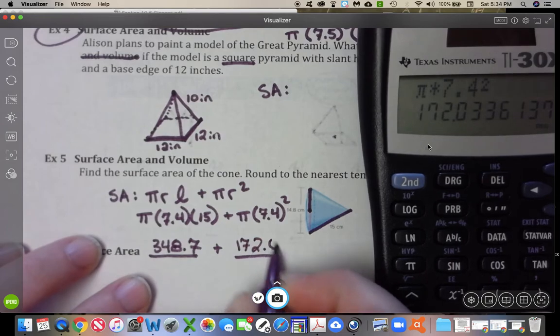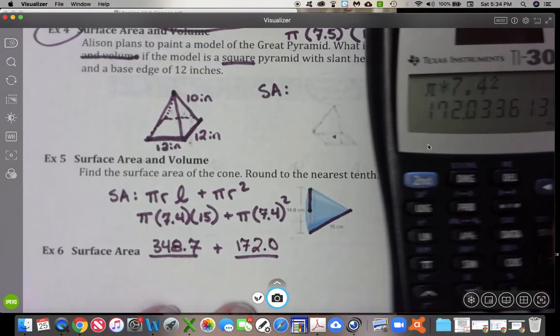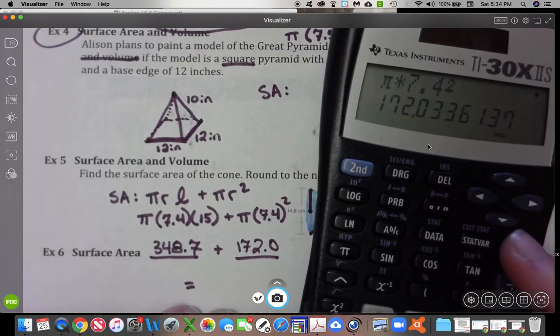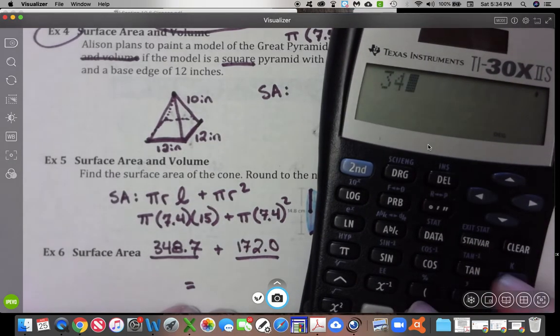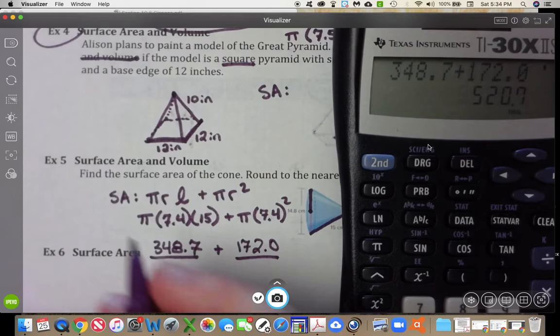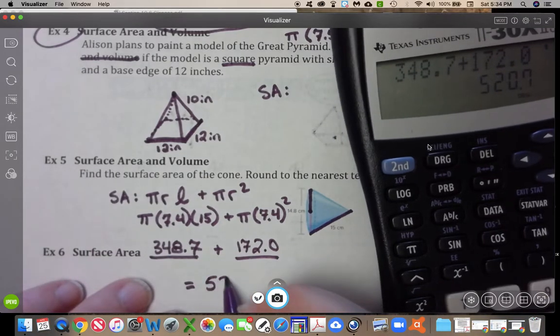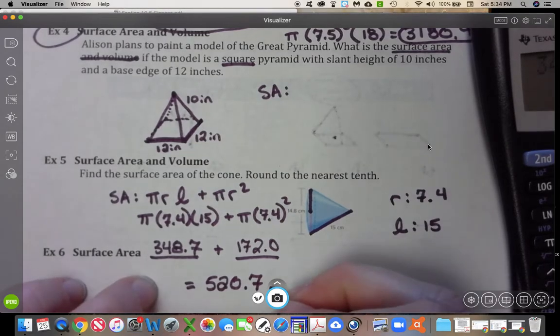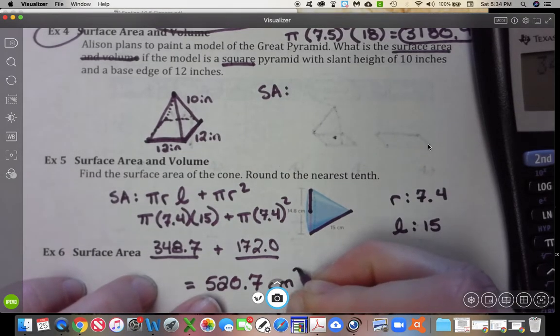Doing those in pieces helps me so that I don't make a mistake typing stuff in. 348.7 added to 172.0, or just 172, is 520.7. So the area of all of those surfaces all the way around is 520.7 centimeters squared, because we're doing surface area.